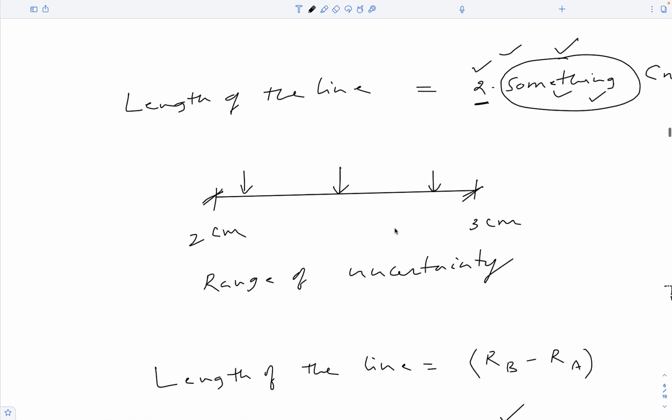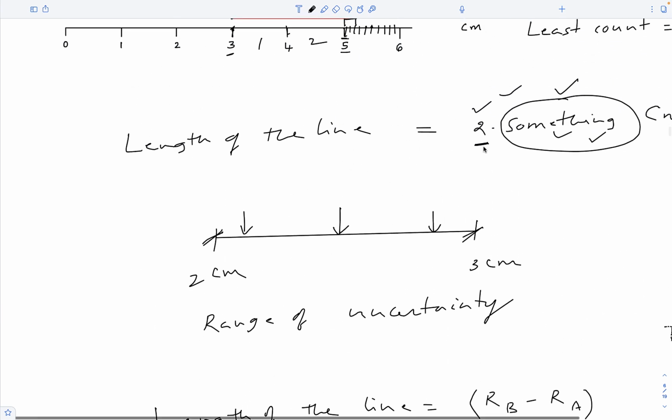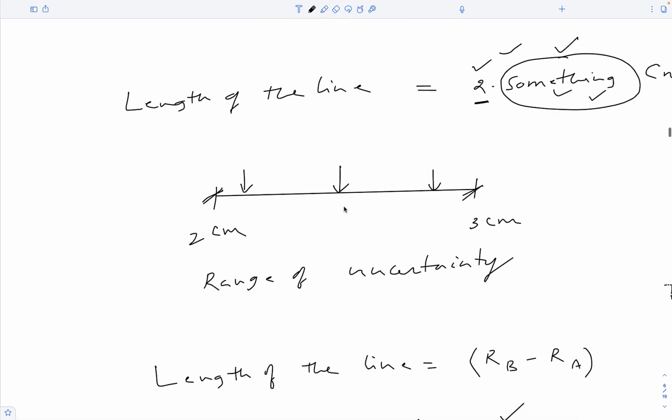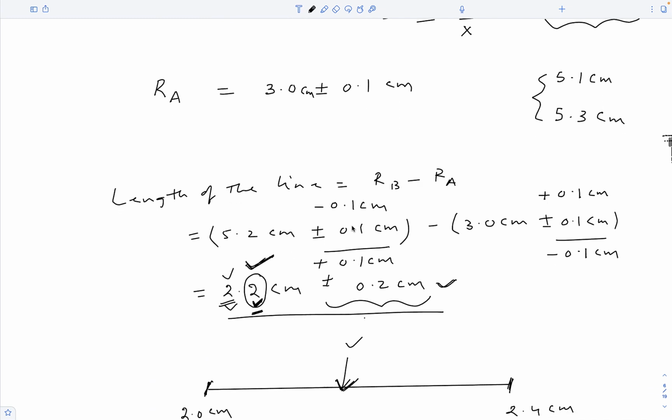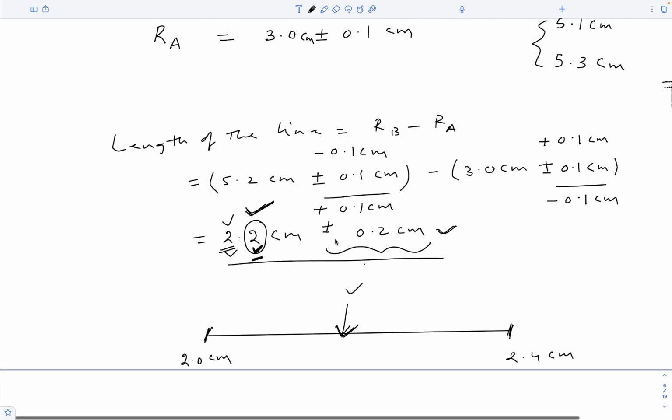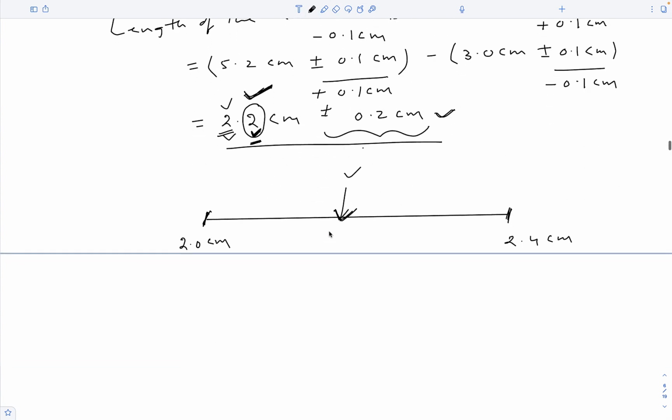Now comes the interesting part. When we knew the value of only one digit in the length of the line, the amount of uncertainty is 1 centimeter. 3 minus 2 is 1. But when we knew the values of two digits in the length of the line, out of which one is an estimated digit, the amount of uncertainty has reduced to 0.4 centimeters. 2.4 minus 2.0 is 0.4.